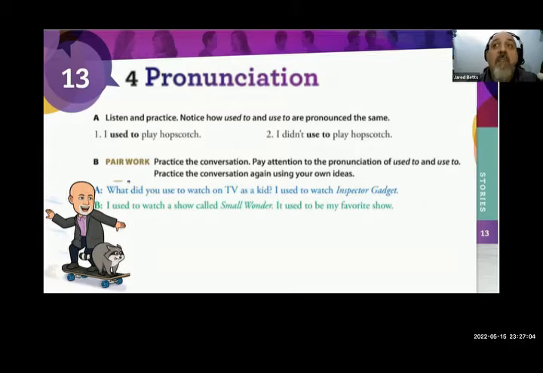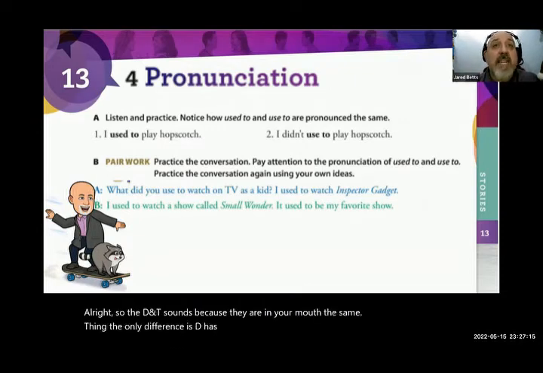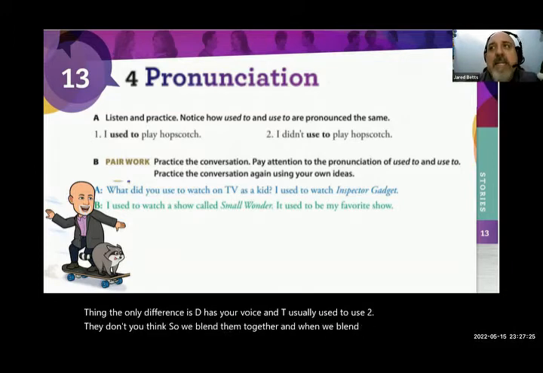All right, so the D and T sounds, because they are in your mouth the same thing. The only difference is D has your voice and T usually doesn't. Used to. Use to. They don't, you think, so we blend them together, and when we blend them together, they can sound different. So be very careful with that.